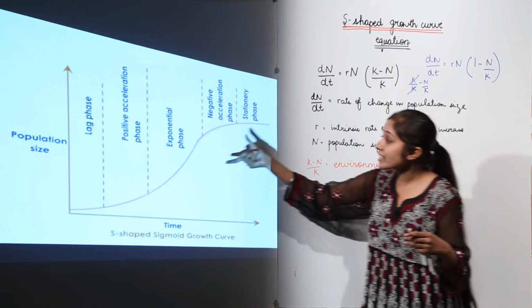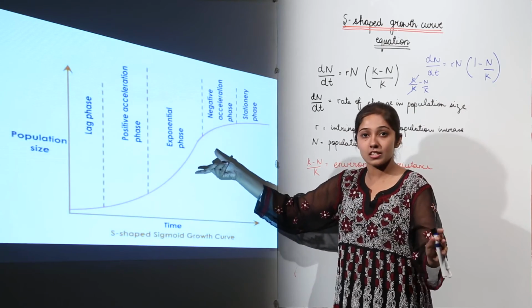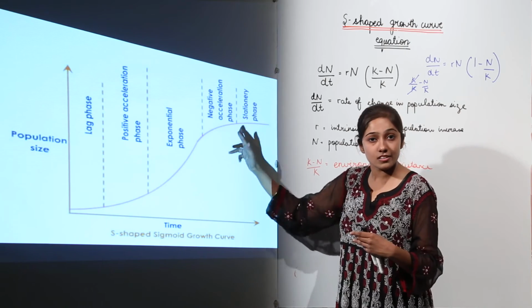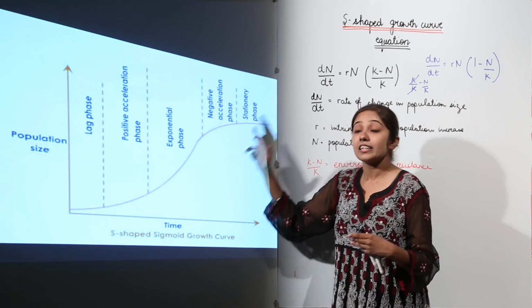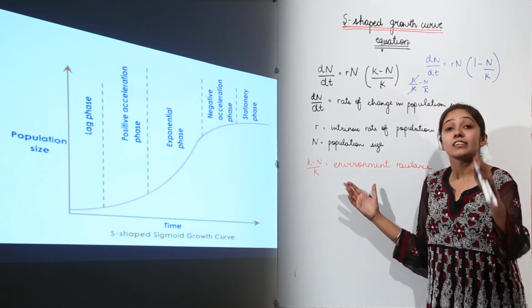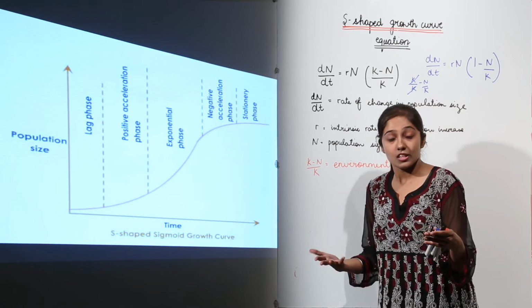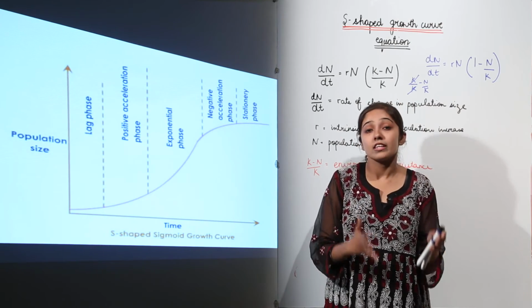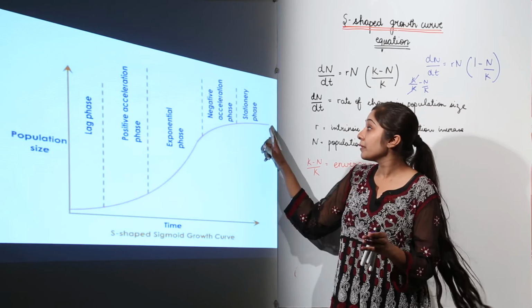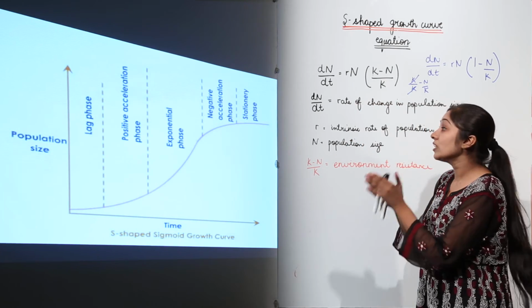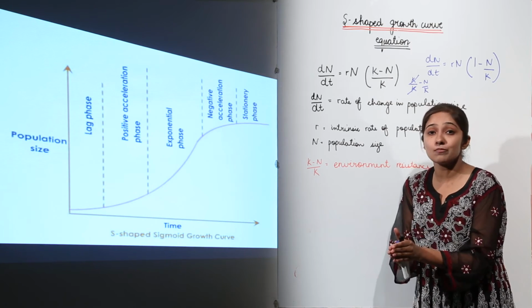So during this exponential phase, no doubt there is rapid population growth, but it stabilizes at a certain point, and this stability needs to be achieved. Why? Because in the environment there are some limiting factors. The ideal conditions are not always there. There will be predators, food shortage, and competition between the organisms, which is going to limit their growth and the increase in population.